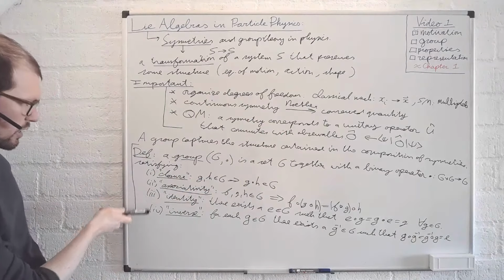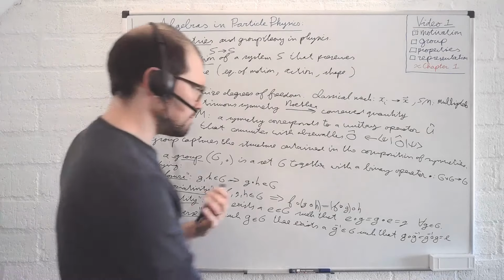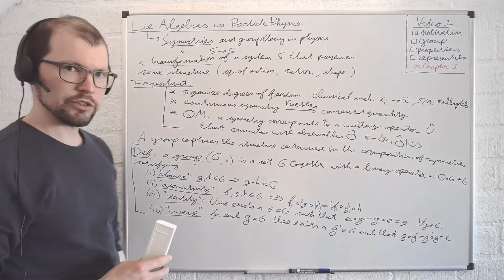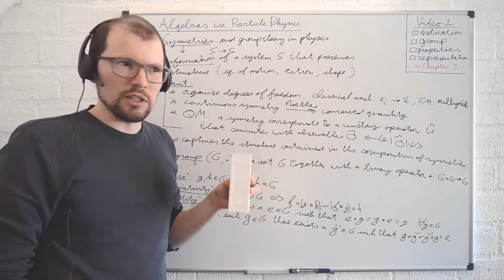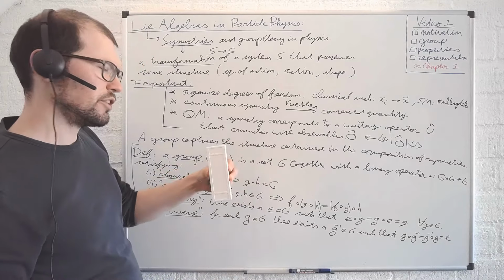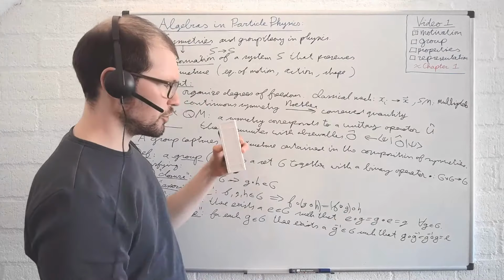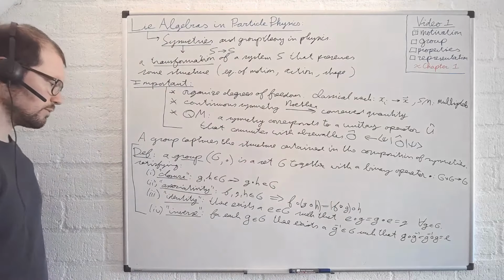So let's look at the last two properties. Suppose I have rotations, then the identity axiom is requiring that there exists an identity rotation, which of course is just a transformation that does nothing. If I compose nothing with this rotation, then I get that rotation again. Or if I first do the rotation and then nothing, then that is again the same rotation.